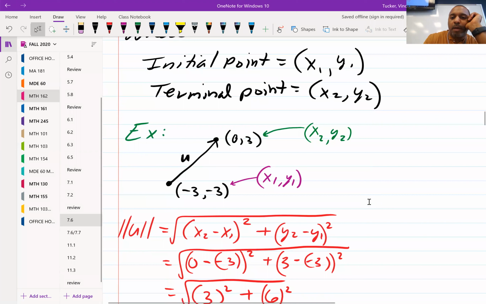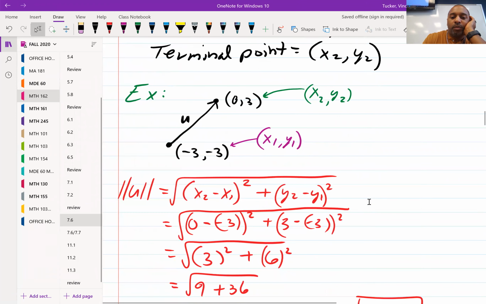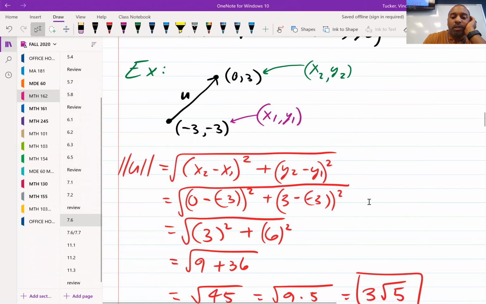Once you've established what your terminal point and initial point are, you can plug them into the formula accordingly.